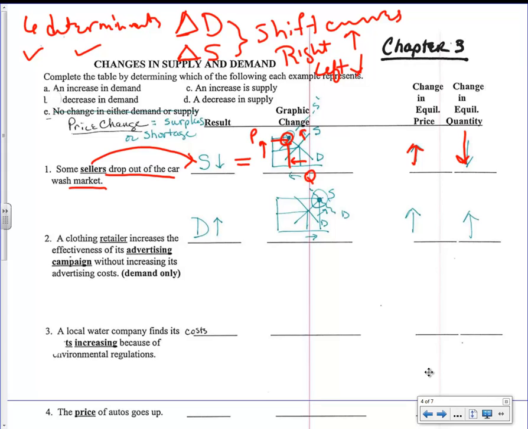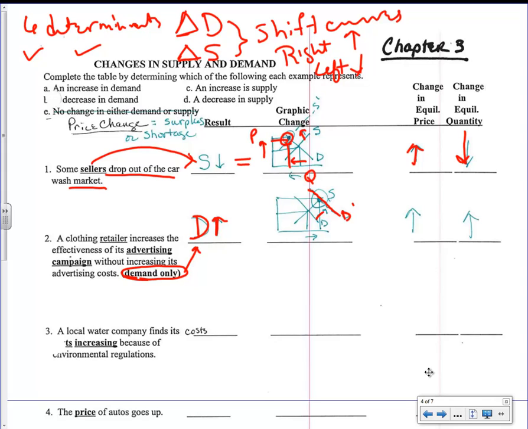Second one, we have demand. What happens with demand if the advertising campaign is successful and therefore more buyers are buying the clothes? The demand has increased. If the demand increases, we're going to shift the demand curve to the right.